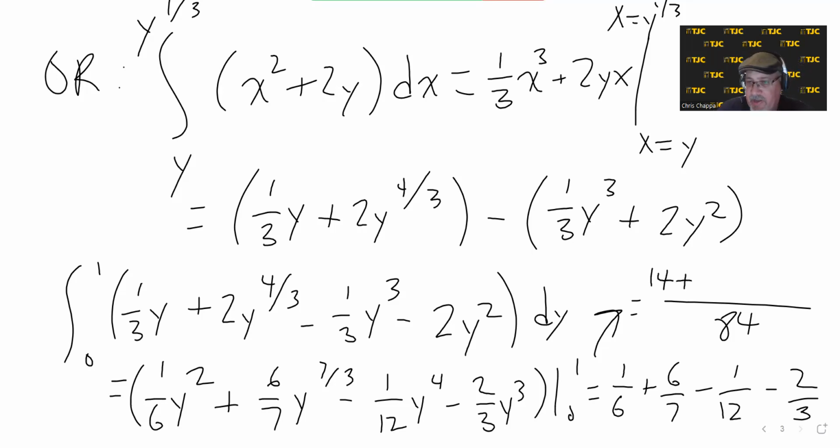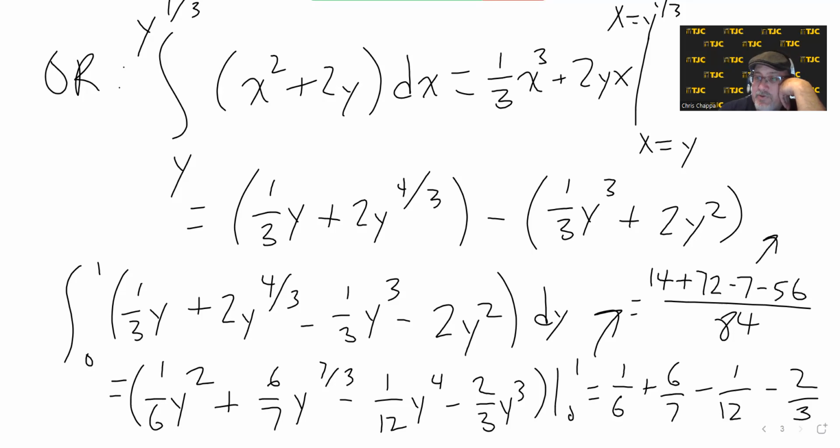To turn 7 into 84, we'd multiply by 12. 6 times 12 is 72. Minus, to turn the third fraction's denominator 12 into 84, we multiply by 7. And then minus 2/3. To turn 3 into 84, we would need to multiply by 28, I believe. Yes, 28 times 2 is 56.